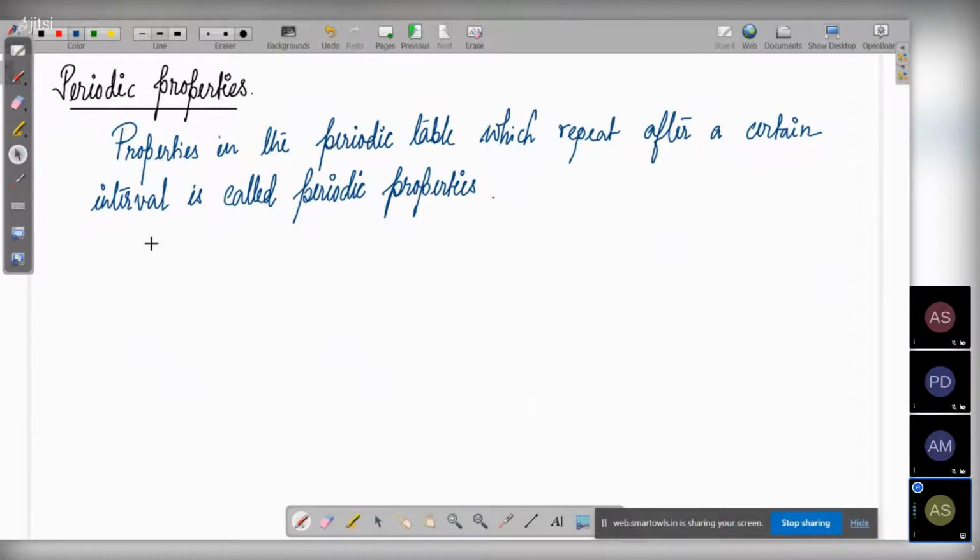So we have four periodic properties. One is atomic size, and we have many periodic properties, but we are going to mainly discuss these.